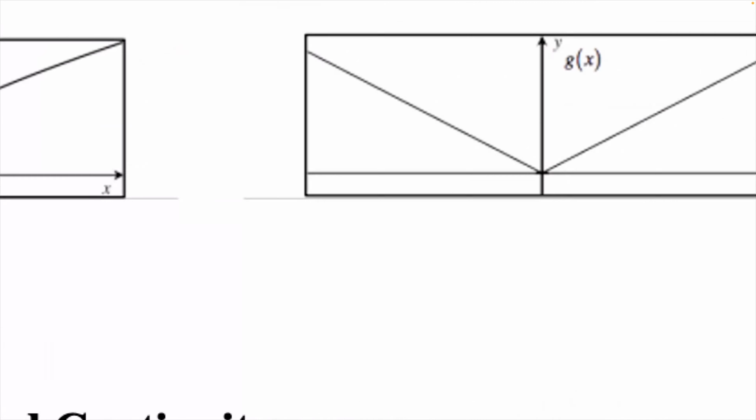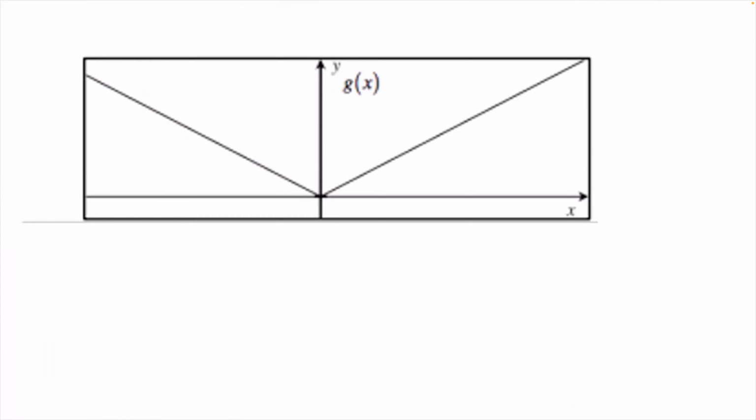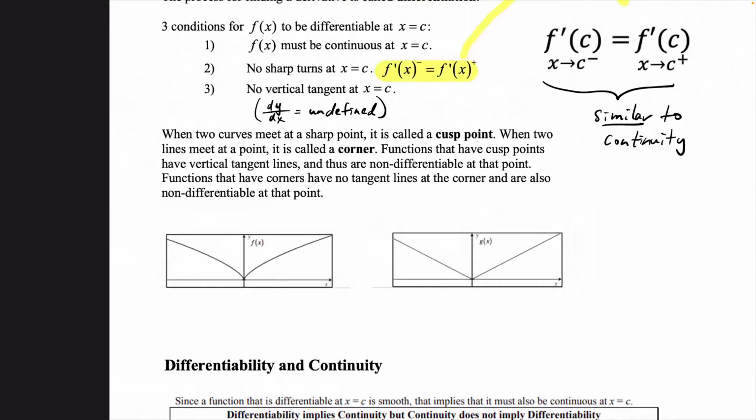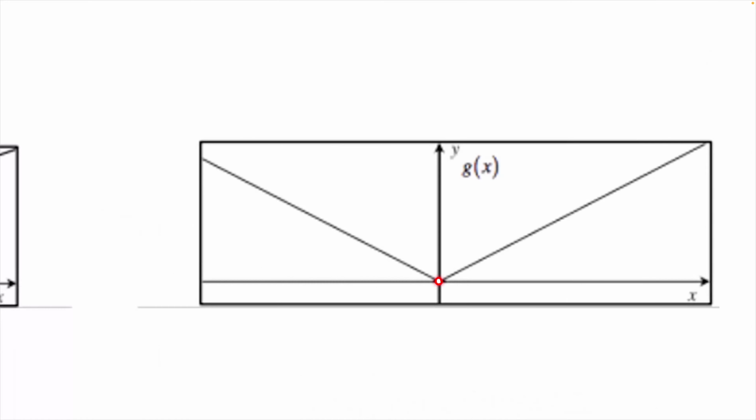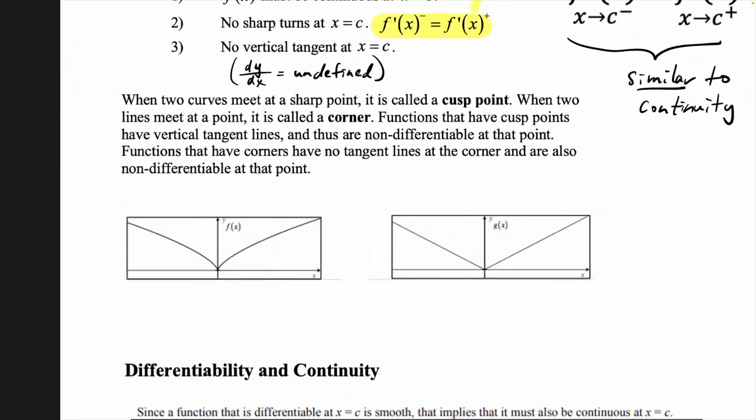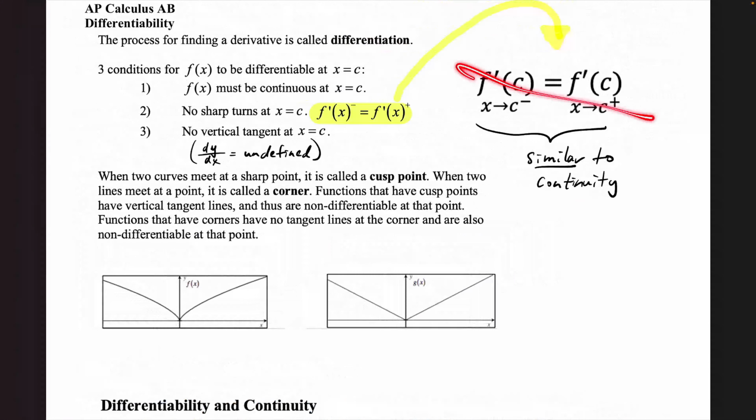But then at 0, it quickly becomes positive. That's a sharp turn, okay? So at 0, what is the derivative of that point? Is it -1 or is it +1? We don't know. Because we can't tell, it fails this rule, fails rule 2. It's a sharp turn, okay?